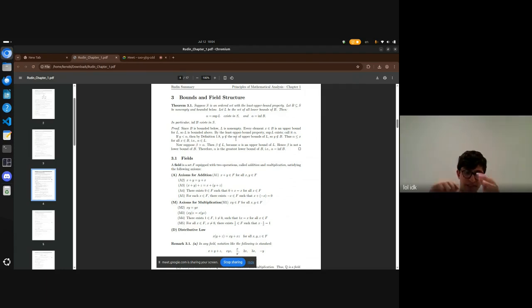So if it's less than the least upper bound, it can't be an upper bound. So y is not an upper bound of L. Thus, alpha is less than or equal to x for all x in B, which means alpha is in L.